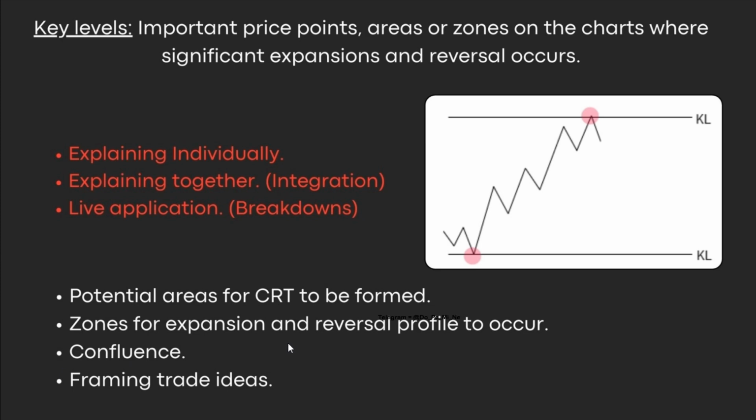Not only can you use key levels to find high probability trades, but you can also use them to manage your risk based off of it, right? That's why it has so much significance, and almost all of my entries are based off of key levels and never alone. Now, last but not least, you can use key levels to frame trade ideas based on the above factors, right? These were some of the characteristics of key levels.